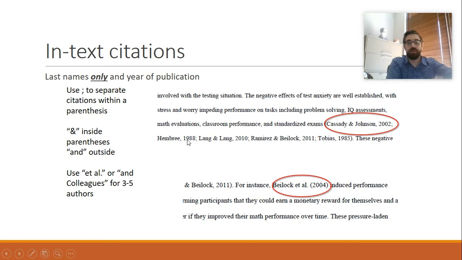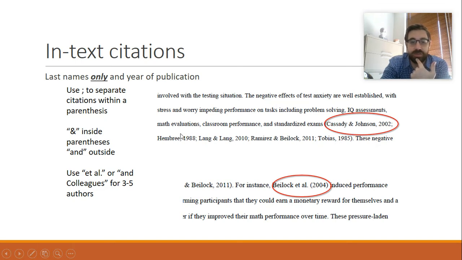If you have more than one citation for a point, like we do here, what you're going to do is separate those citations with a semicolon. So in this case, the point is that there are negative effects of test anxiety with impeded performance on various tasks. That point is a general one, right? And so it actually has a number of citations supporting it.